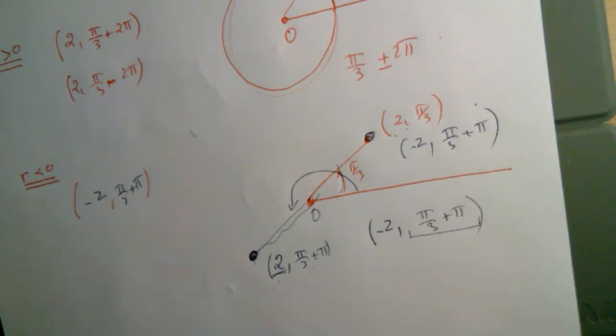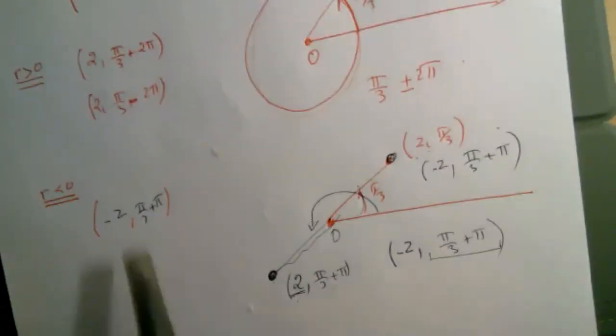So one issue with polar coordinates is that a point can have different representations. Actually, it can have infinitely many. The minute you start adding 2 pi's, you're getting the same point.